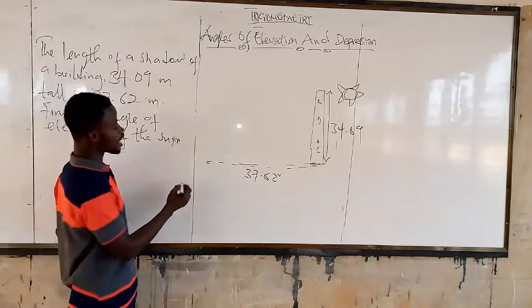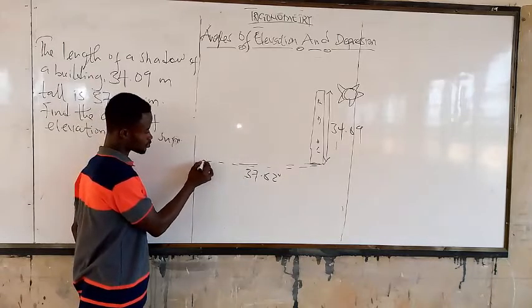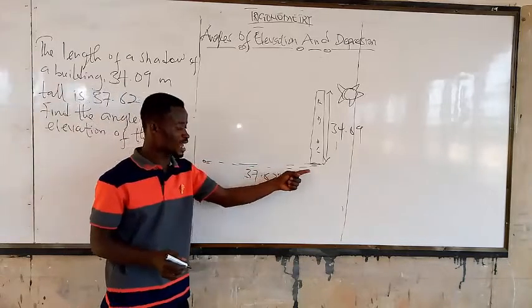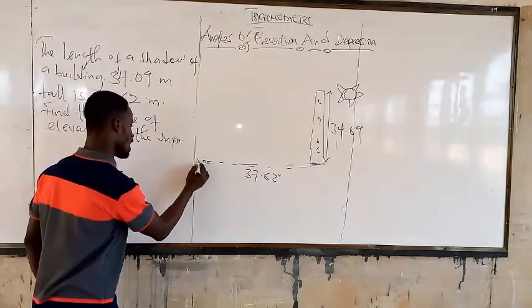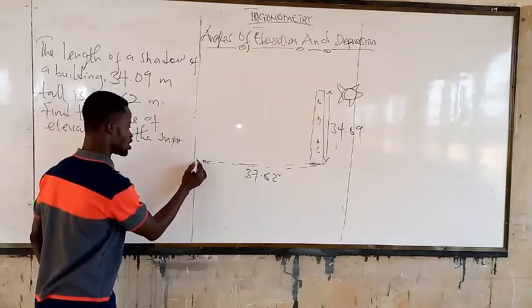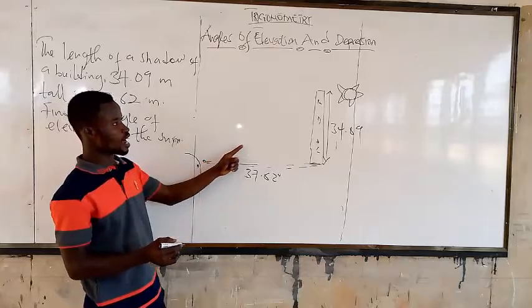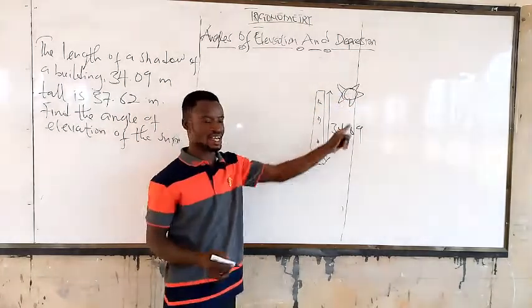So now let's assume that this will be the horizontal line. It's like your eye is here and you are looking at the sun.